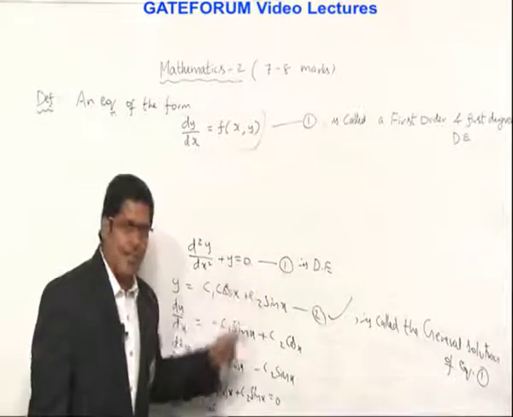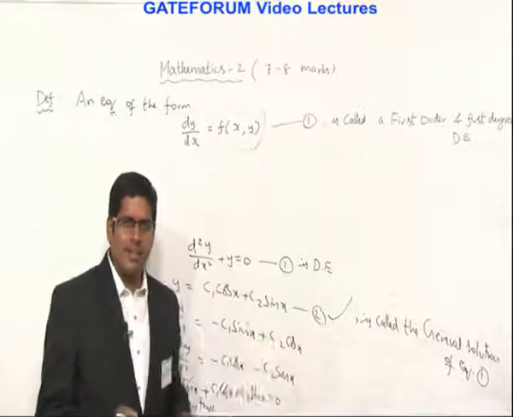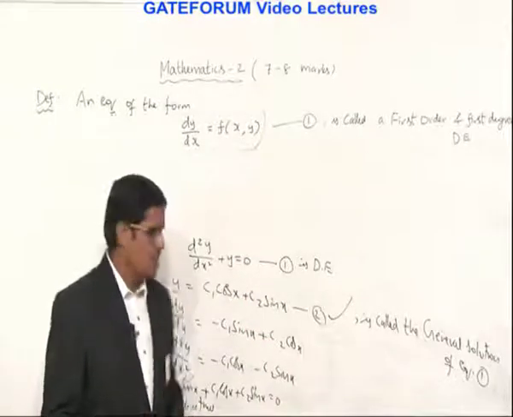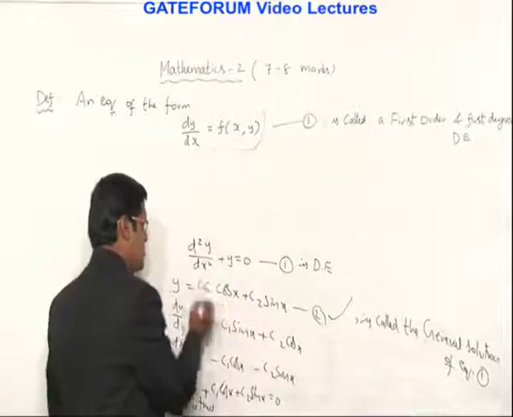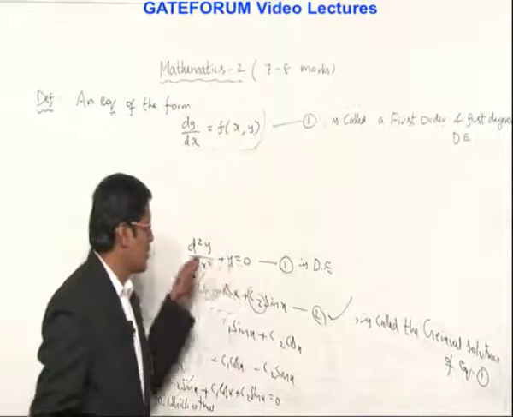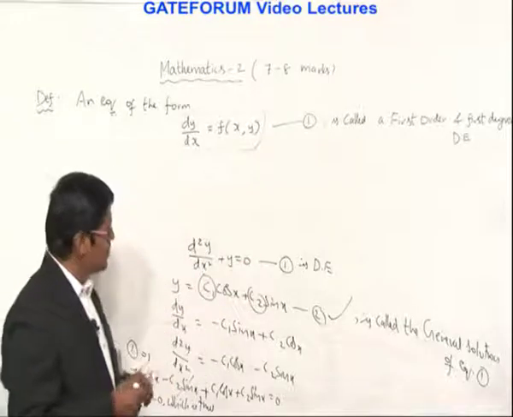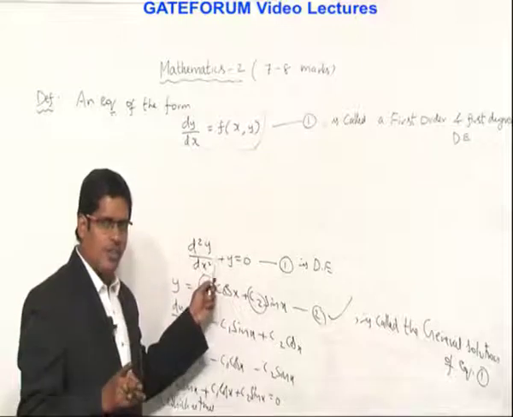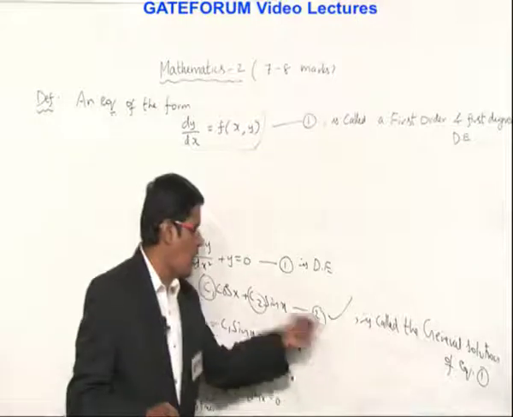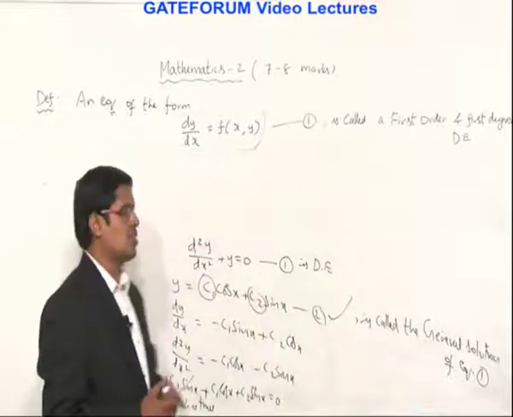Anything that satisfies the equation is a solution. How many arbitrary constants are there? C1 and C2. What is the order of the differential equation? Second order. So the number of arbitrary constants, 2, is equal to the order, so this is called the general solution.